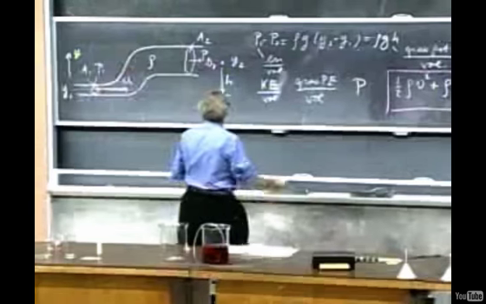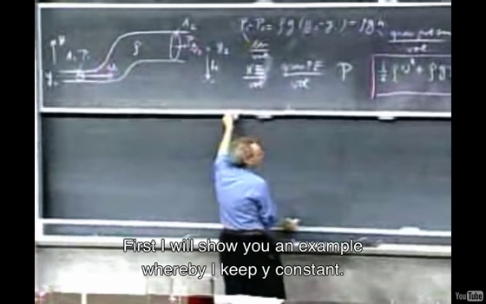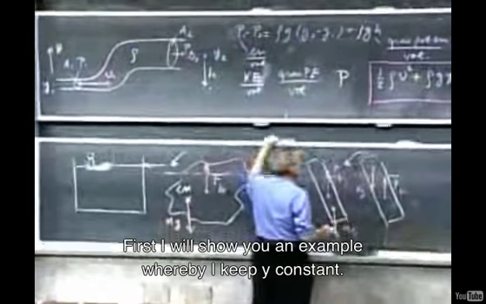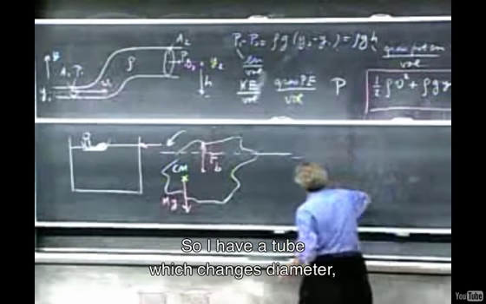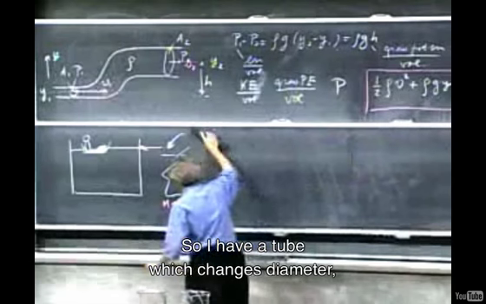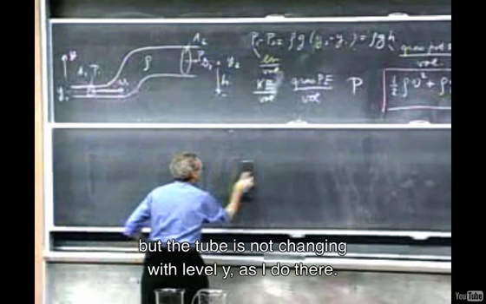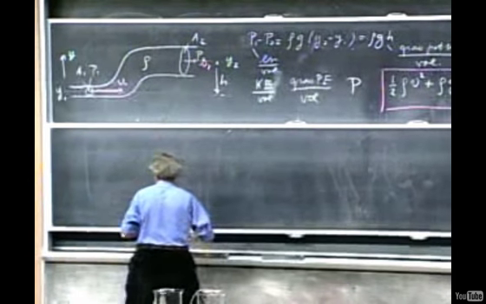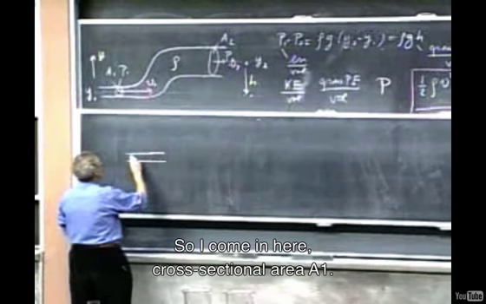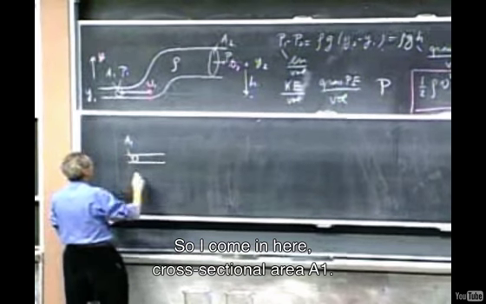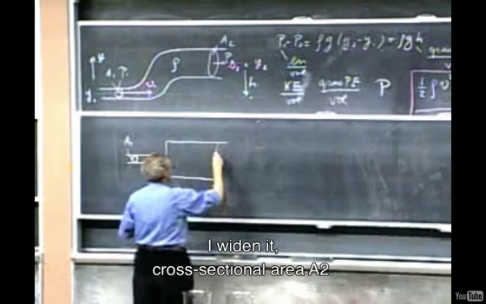First, I will show you an example whereby I keep y constant. So I have a tube which changes diameter, but the tube is not changing its level y. I come in here with cross-sectional area A1, and I widen it to cross-sectional area A2.